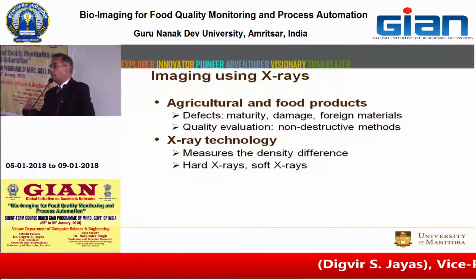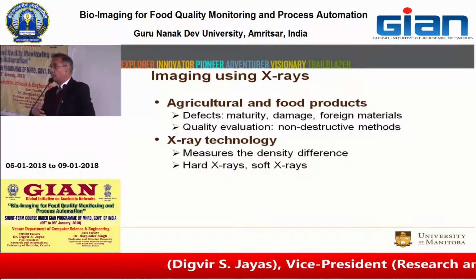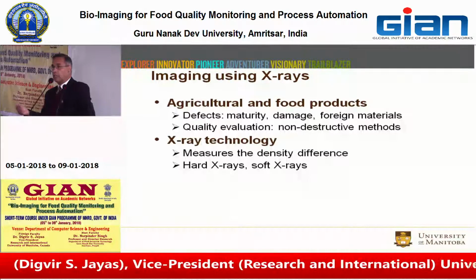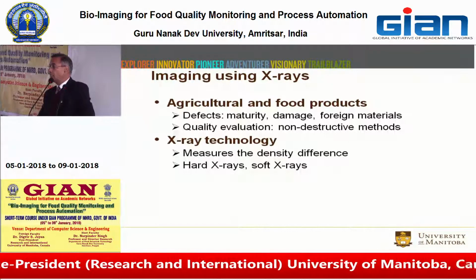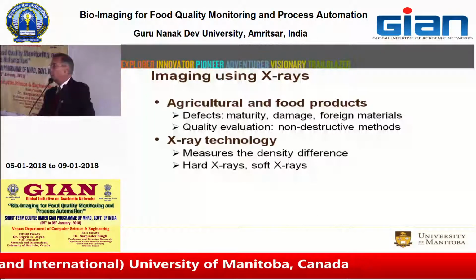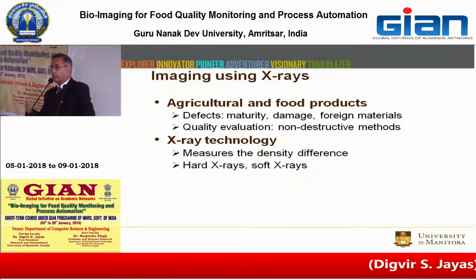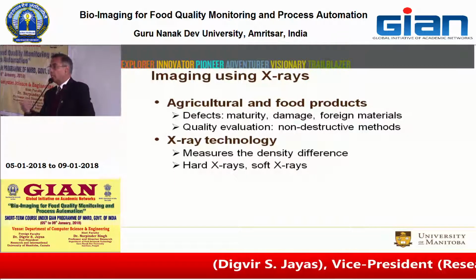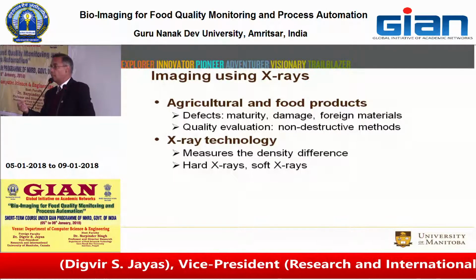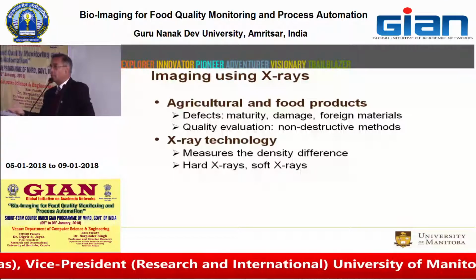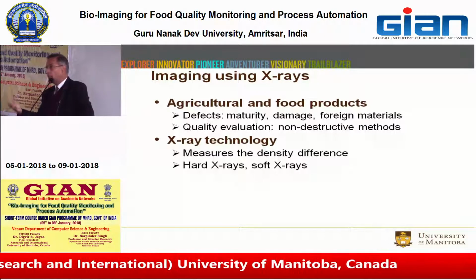Then on the detector side, once they go through the material, you would have a different image or different reflectance value or transmitted X-rays. And the softer side would give you a difference. So it basically uses the density difference, and that's why they are used quite often to detect the materials having different densities.